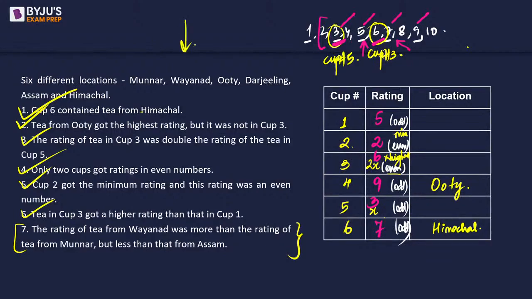If I say that this is increasing rating, tea from Wayanad was more than that from Munnar, but it was less than that from Assam, right? So the sequence is the Munnar rating will be lowest, then Wayanad, and then Assam. So that is the sequence in which the tea ratings will increase.